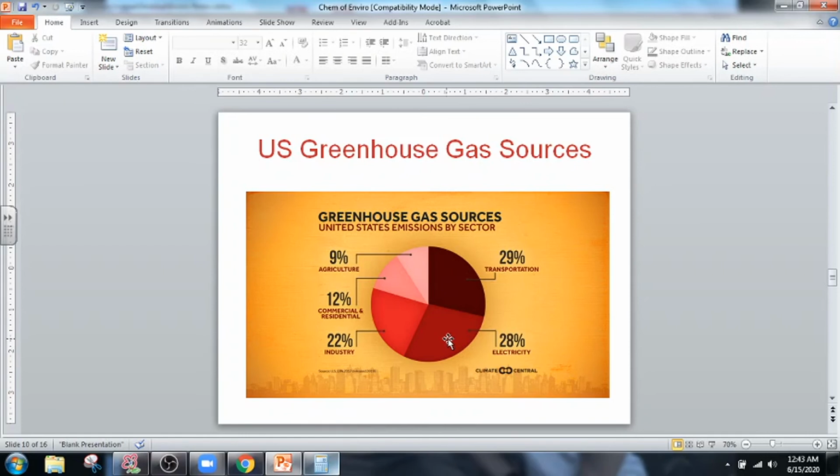So where can you make the biggest difference? Transportation. If we all drove less, if we all drove electric or hybrid vehicles, if we carpooled, if we took one less plane ride a year, honestly, the planes are really problematic. If you turn off your lights when you leave a room, if you change out all of your old lights for LEDs, there are lots of ways that we can make simple changes at home.